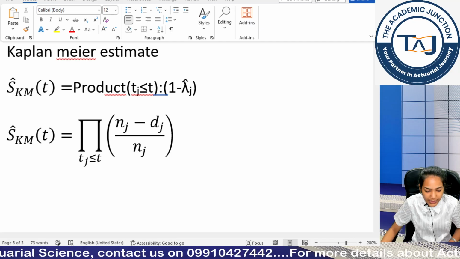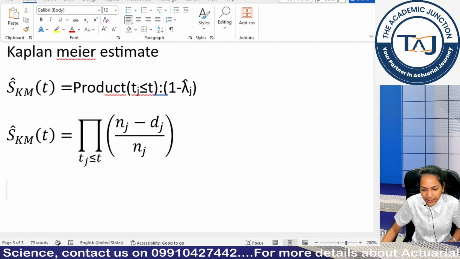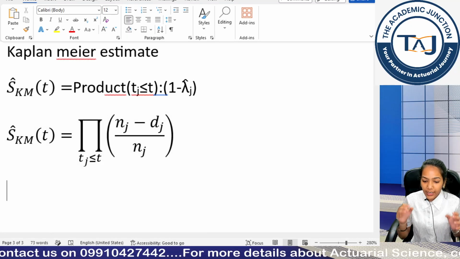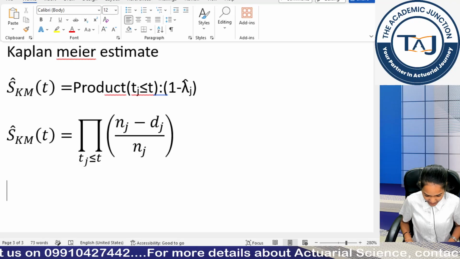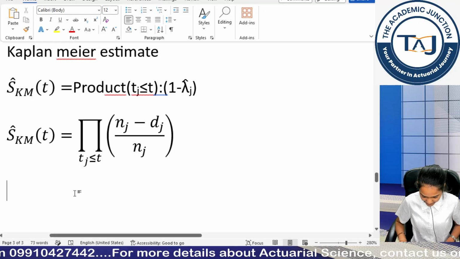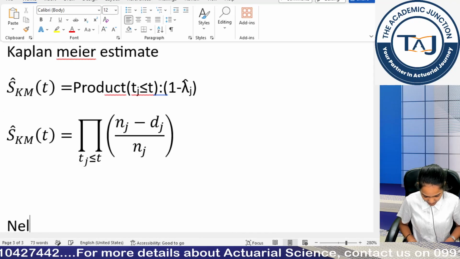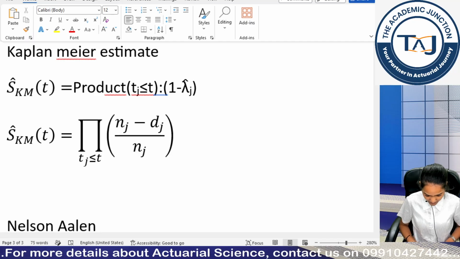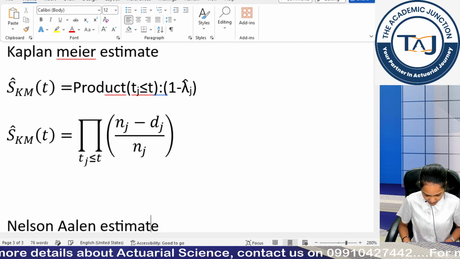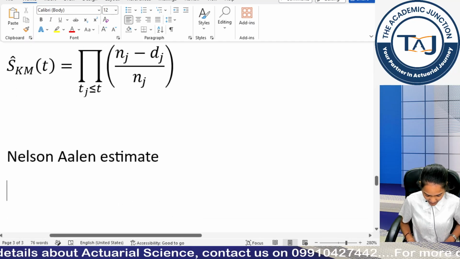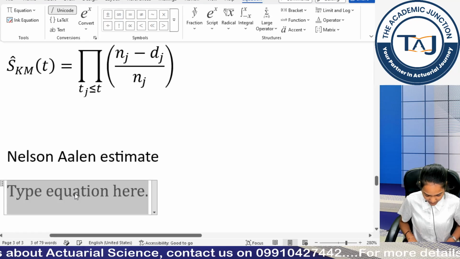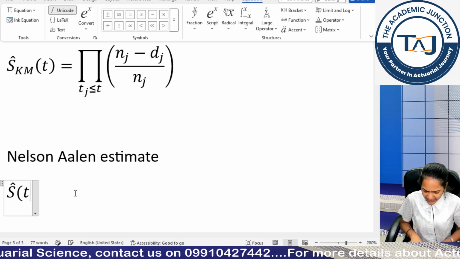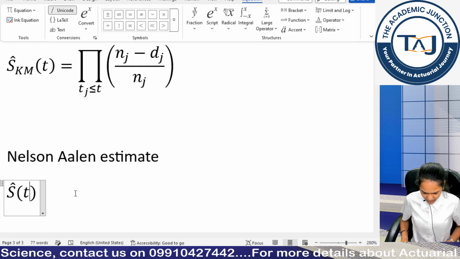now let's move forward to our Nelson-Allen model, and let's try writing its formula, because we have capital lambda in that, right, for the integrated hazard. So yes, let's write Nelson-Allen estimate. So this time we have, let's use equationator first. We have S hat, here we don't usually write NA, or you can write NA as well, let's write it.